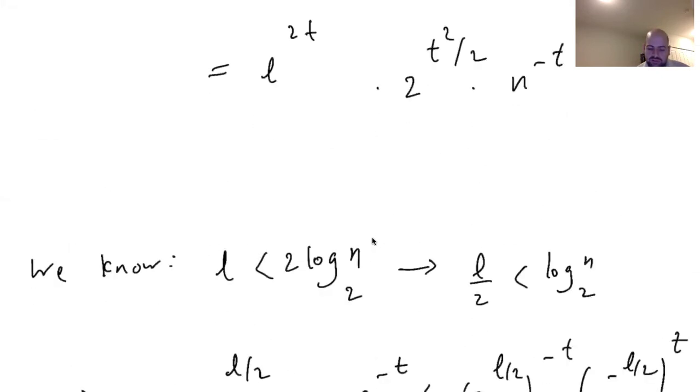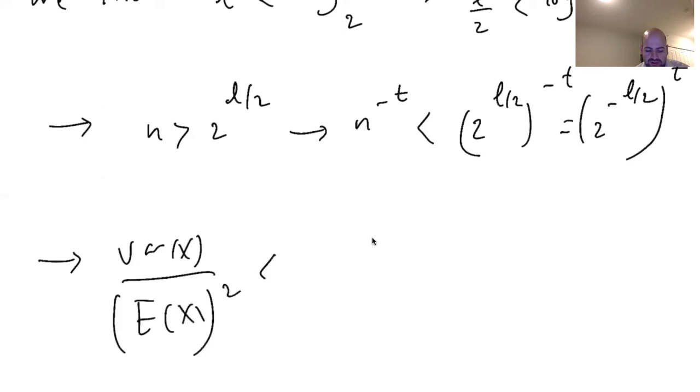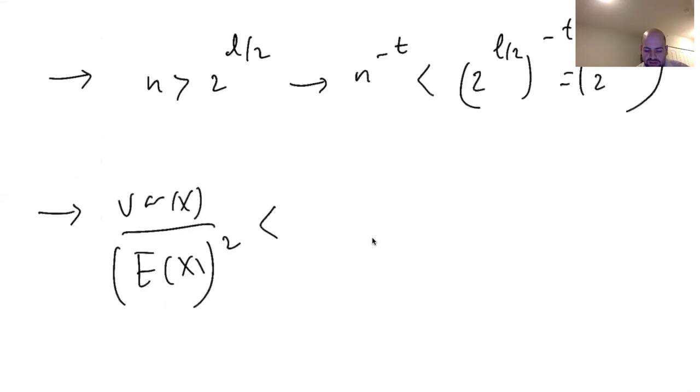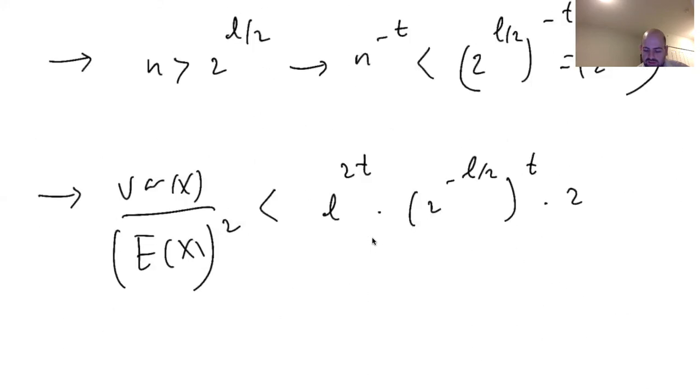So if I plug back, I can say that variance of X divided by E of X, the whole squared, is less than L to the power 2t times 2 to the power minus L over 2 to the power t times 2 to the power t squared over 2.